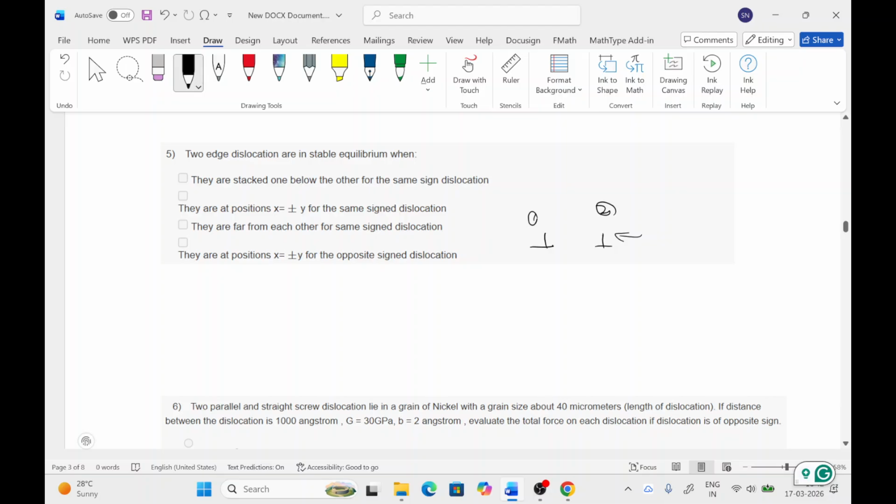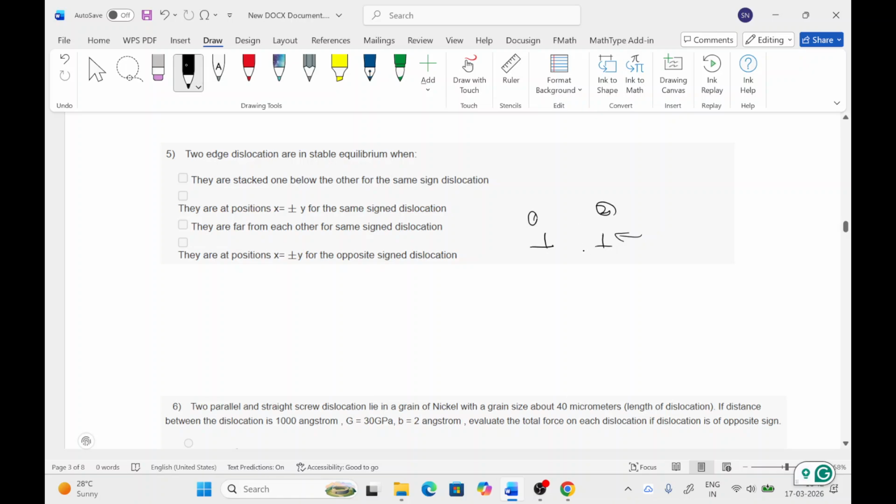Because of the stress fields of both dislocations, they feel some force when they reach each other.